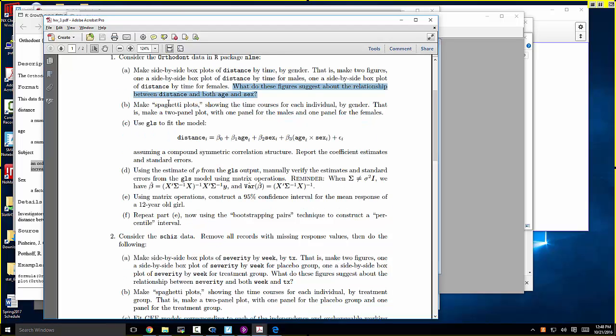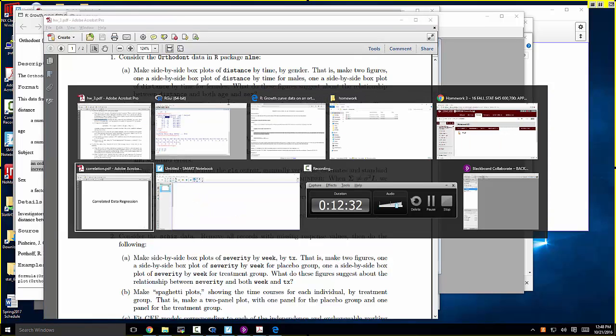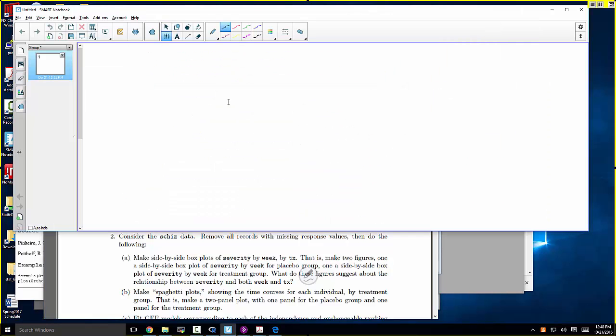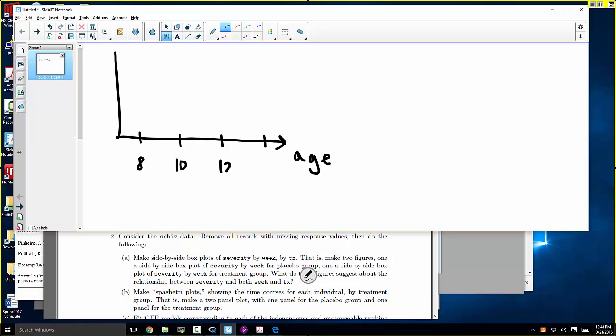Also make what are called spaghetti plots. And all a spaghetti plot is, in the Orthodont case, we could plot age, and then for each individual, we could show a connected line segment.